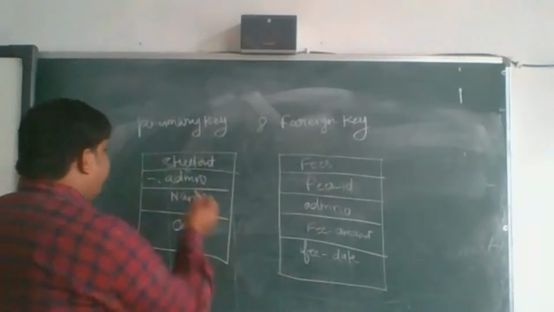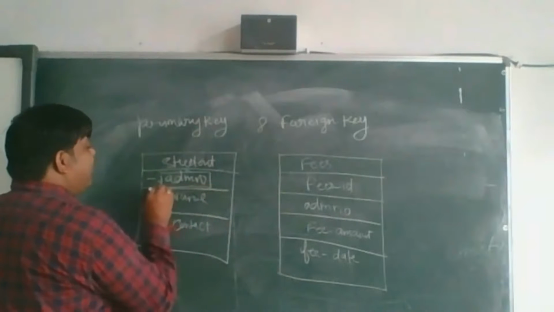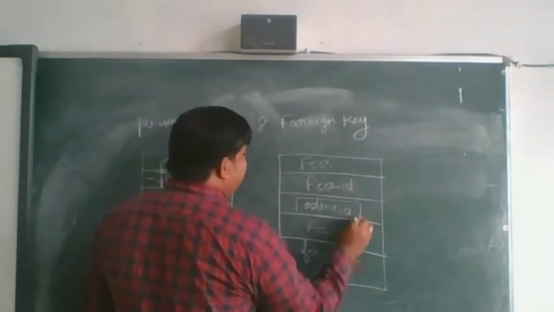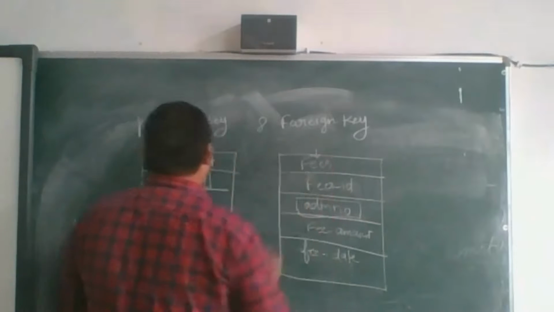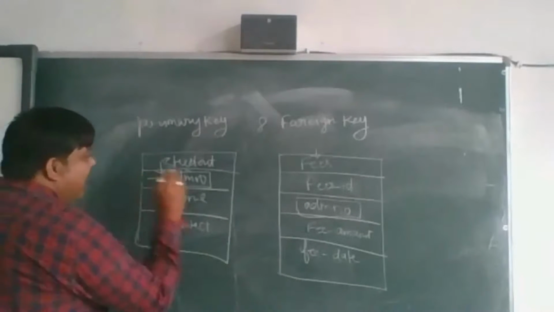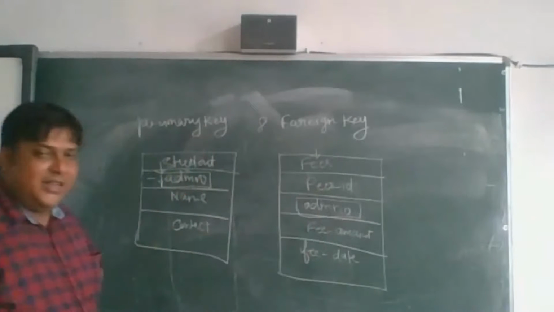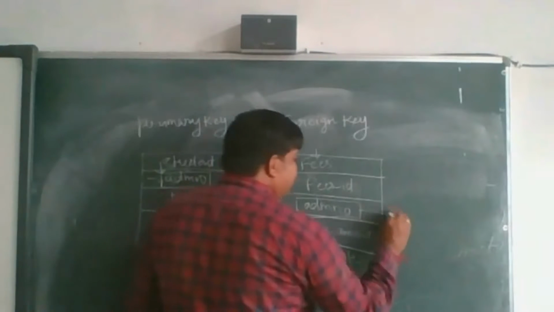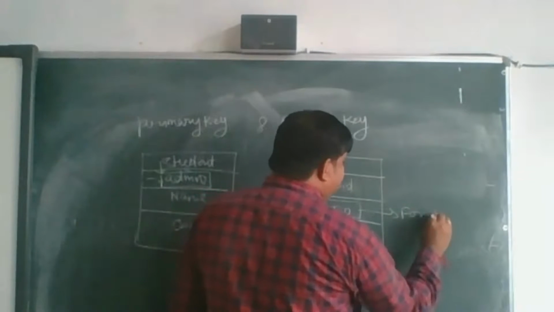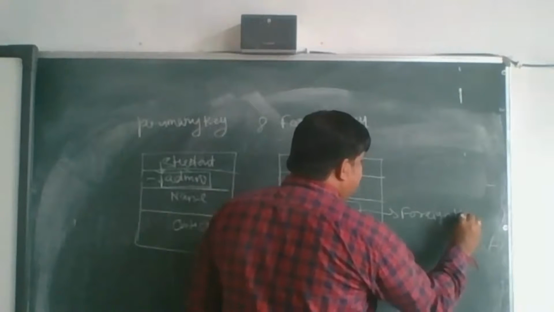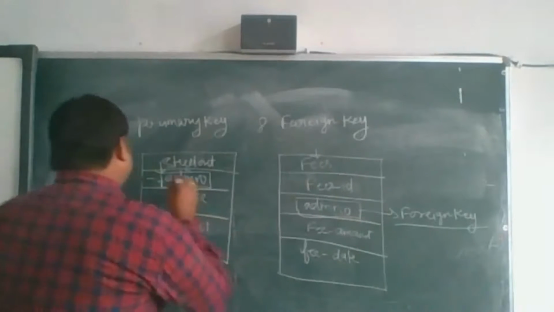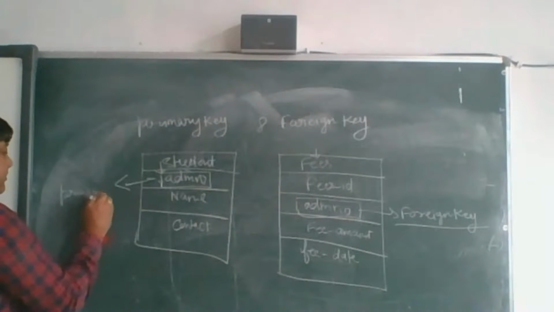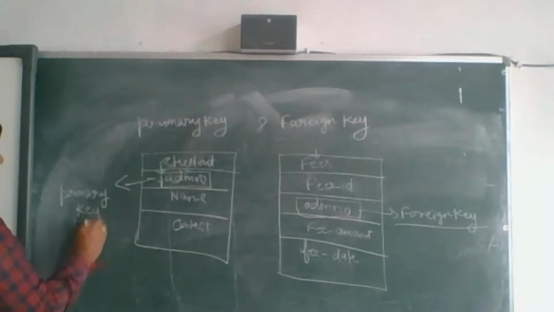Now look here, we have an admission number in the student table, and we have an admission number in the fees table. Here it is a primary key and here it is a normal key. So the admission number here is called a foreign key, and here the admission number is called a primary key.